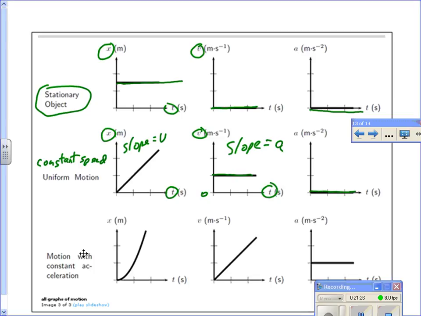All right, motion with constant acceleration. I'm changing speeds and I'm getting faster. If I'm getting faster, then I will curve up, meaning that as I cover more distance in less time, there is a bigger difference in these two lines over the same time interval.